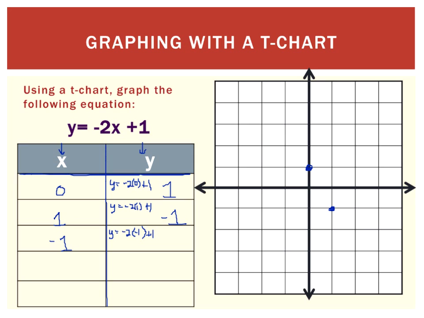Negative 2 times a negative 1 is a positive 2, plus 1 is 3. So now my xy is negative 1, 3. This is giving me, again, a picture of what I want my line to look like. So, didn't connect that perfectly, but there's my line. And making sure that this moves on to infinity, I draw on my arrows. So a T-chart is a really handy way to help with graphing.